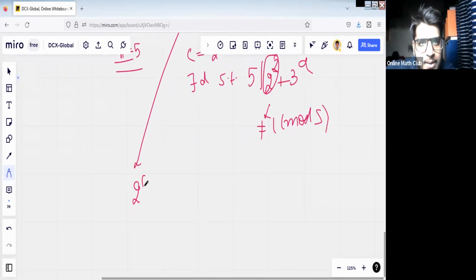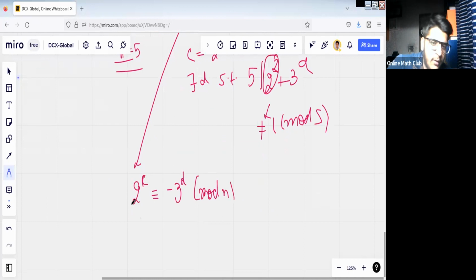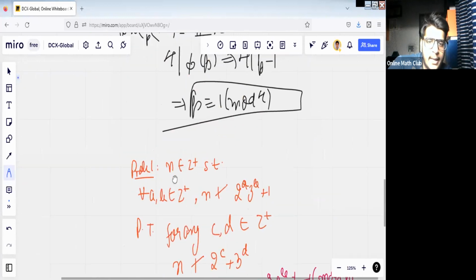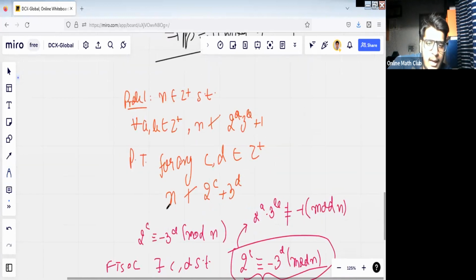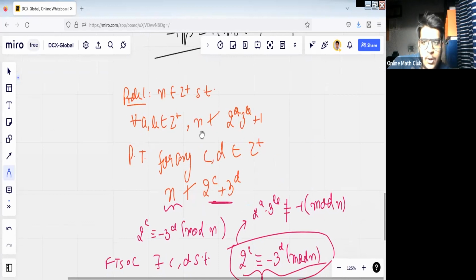So you have 2^c congruent to minus 3^d mod n. Obviously, 2^c should be coprime to n. Essentially gcd(n,2) and gcd(n,3) is 1. You can show that easily, because if not, say 2 divides n, then if n is even, this thing is odd, so n can never divide this. Similarly for 3 also.